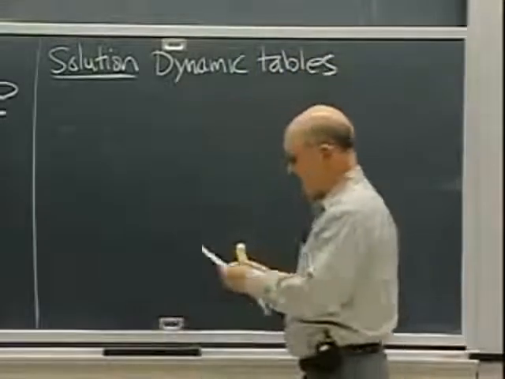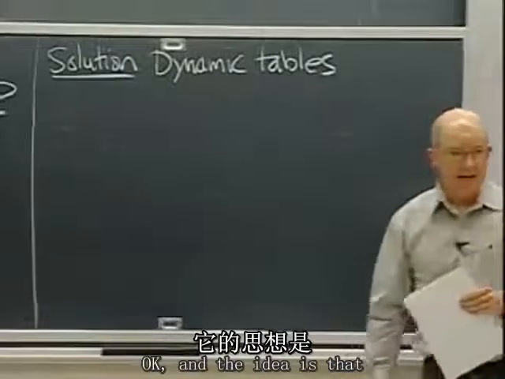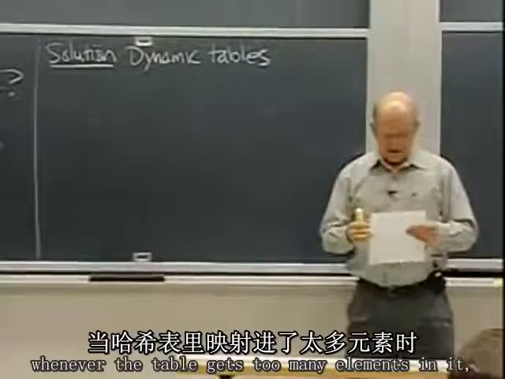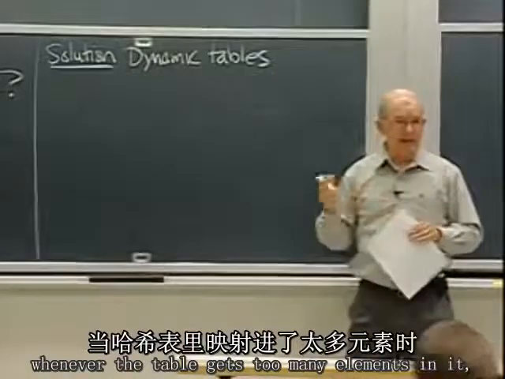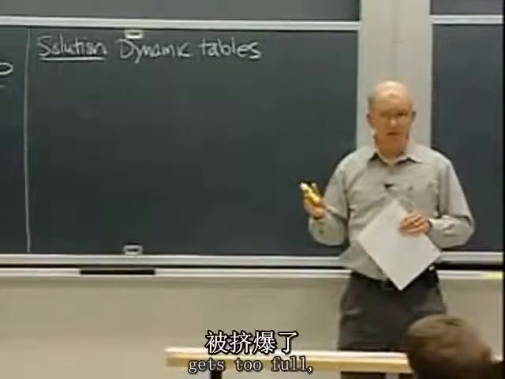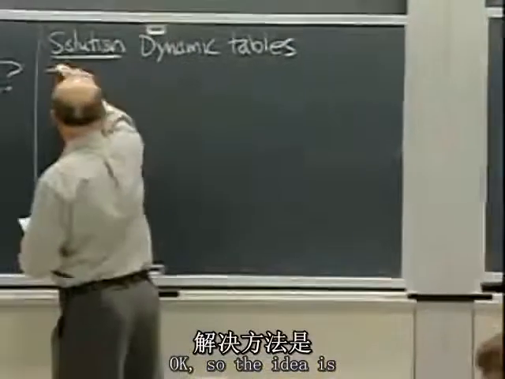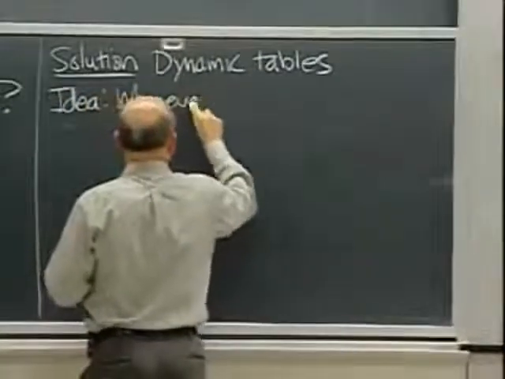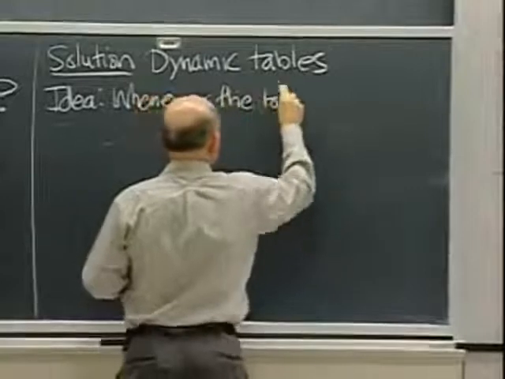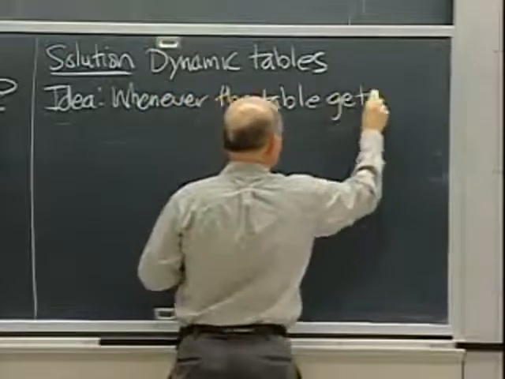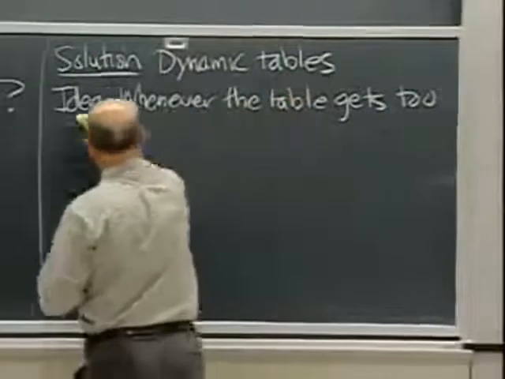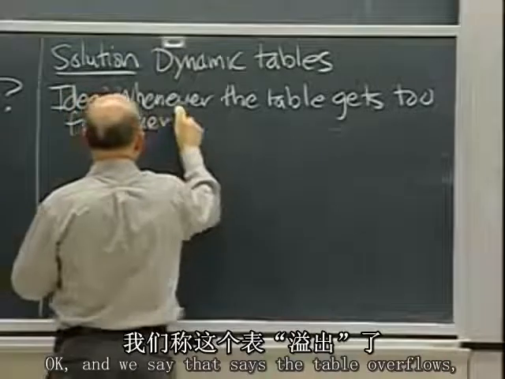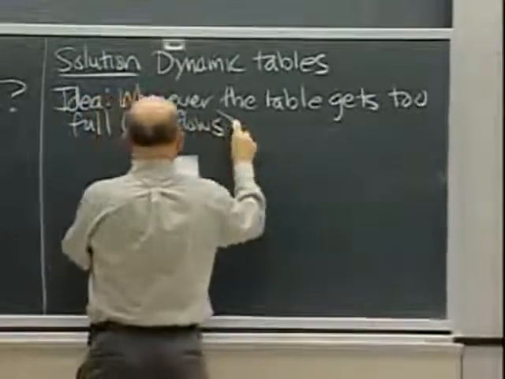And the idea is that whenever the table gets too many elements in it, gets too full, and that says the table overflows, we grow it.